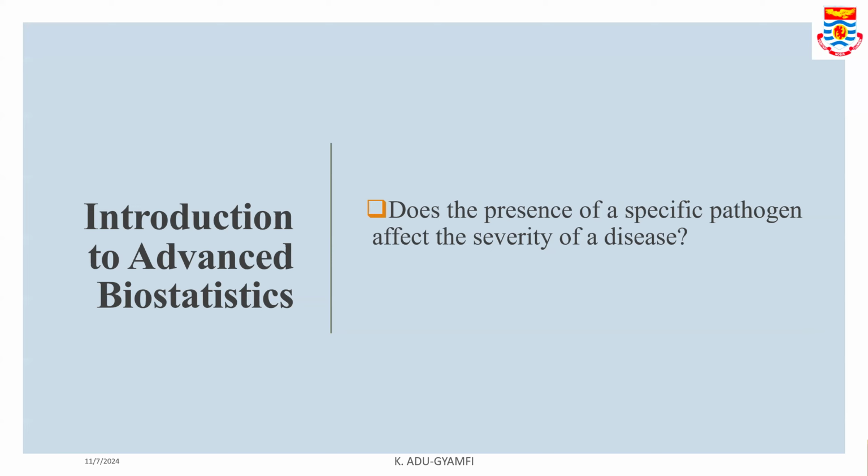So what I was saying is that we were able to come out with our independent variable: we identified the presence of the specific pathogen. For the dependent, we identified the severity of the disease. For the level of measurement, we identified that we can use ordinal measurement to categorize the levels, being mild, moderate, and severe.